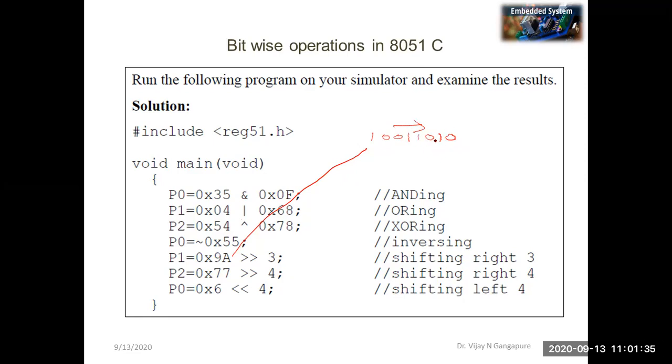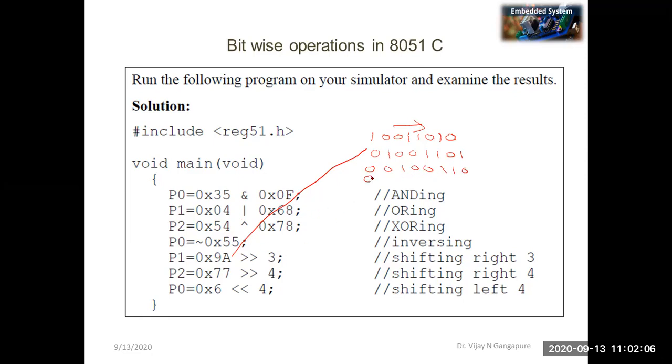So due to the first shift, what will happen? This whole data will get shifted, meaning data will become 0 1 0 0 1 1 0 1 after a single right shift. Then again one more shift towards the right, so 0 0 1 0 0 1 1 0, and one more shift because it is being shifted 3 times.